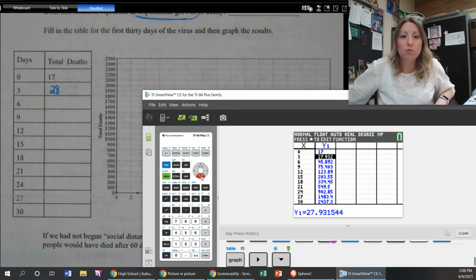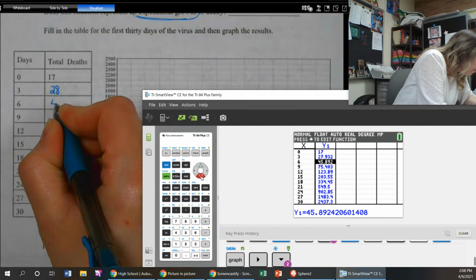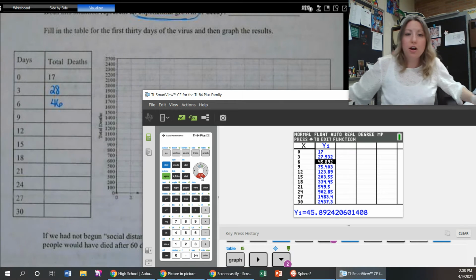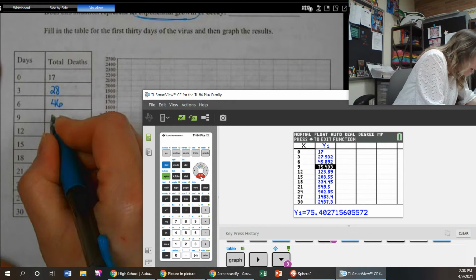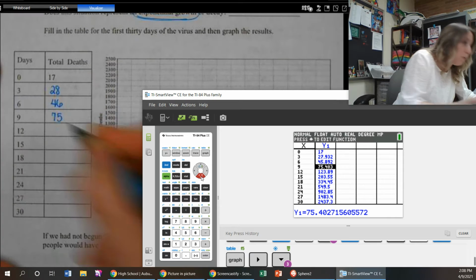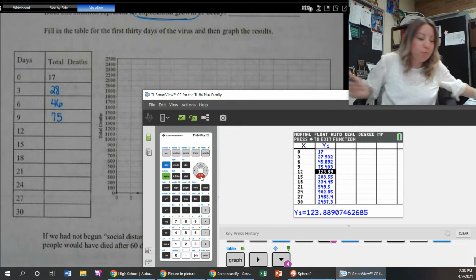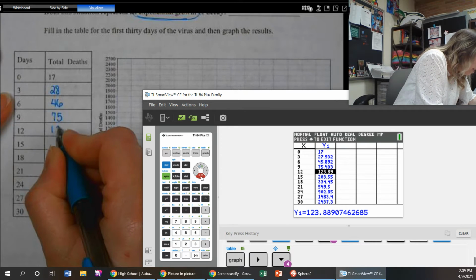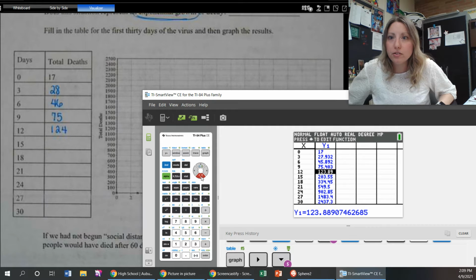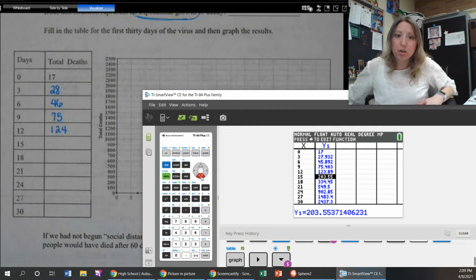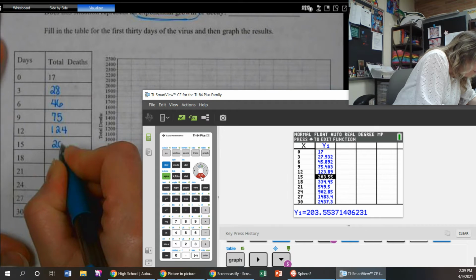Then I arrow down, and now I've got 46. And then I arrow down again, and I've got 75. That stays put because of the decimal next to it being 0.4. And I go one more. That's going to round up to 124. And remember, this is a model, so that's why it's not whole numbers. Okay, this rounds up to 204.